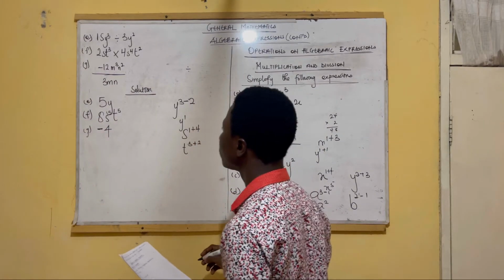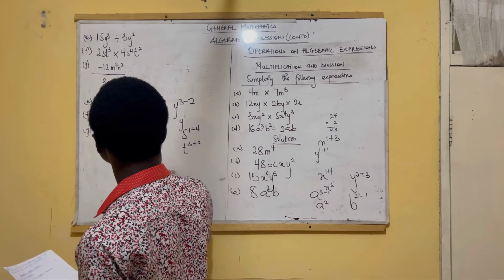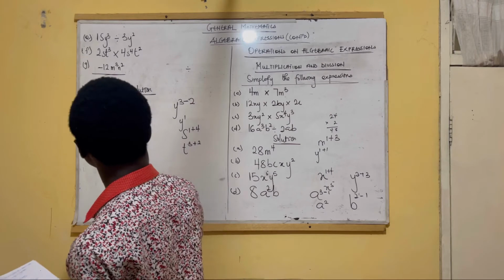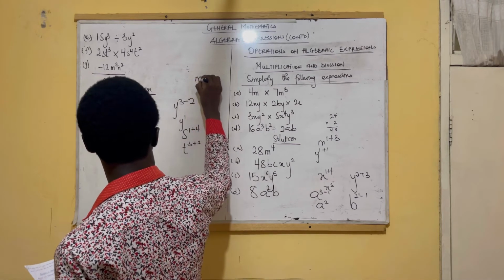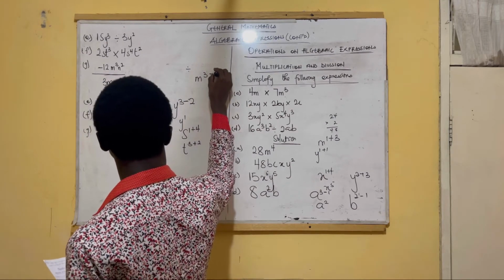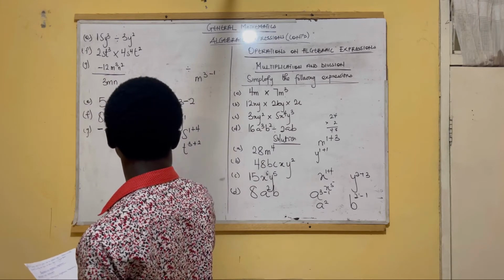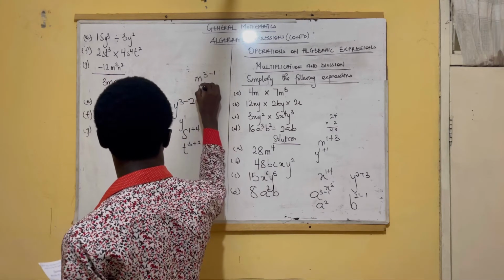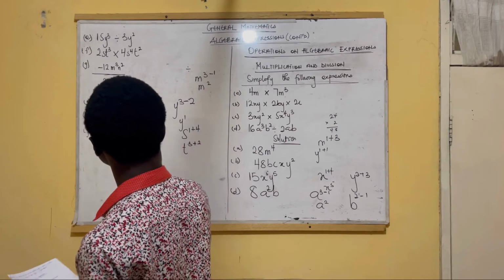So it's going to be negative 4. Then m up there has a power of 3. But because they are dividing, you subtract the power. So you're going to have m exponent 3 minus, at the denominator, the power is 1 for m. So that's 3 minus 1. You would have m exponent what? 2.